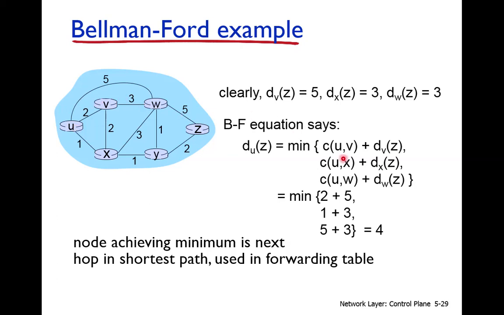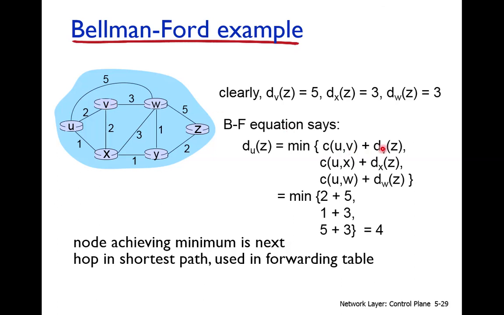How will it be updated? You can see that when it receives the information from v, the cost from u to v is 2. And when v sends the complete table, we will have its information from v to z, the shortest path. It will be stored in the complete table.